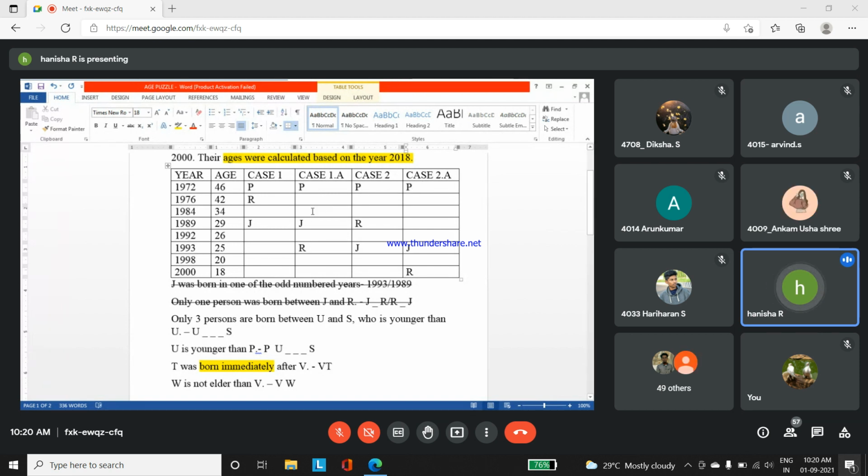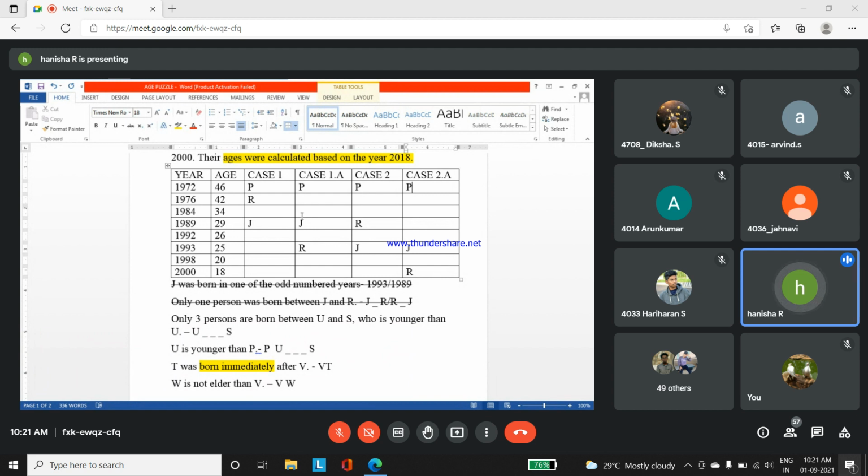Now U is younger than P. They did not say it is immediately younger or anything like that. They haven't mentioned anything about immediately younger or elder. So they said U is younger than P. Since I have marked P in 1972, I need to mark U somewhere in such a position that all the clues are satisfied.